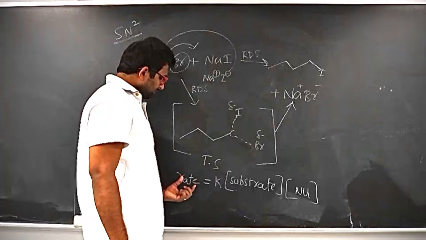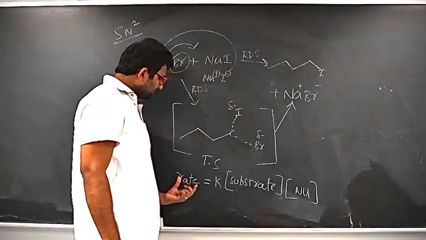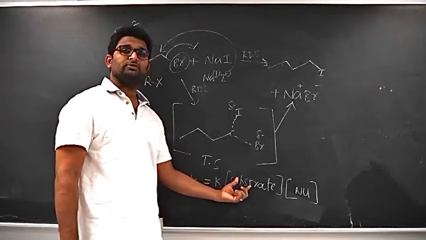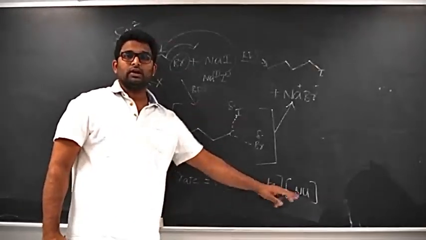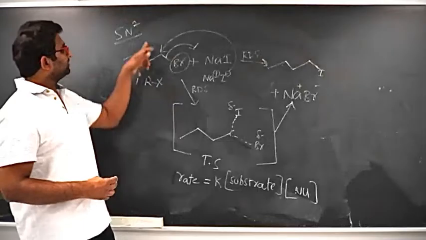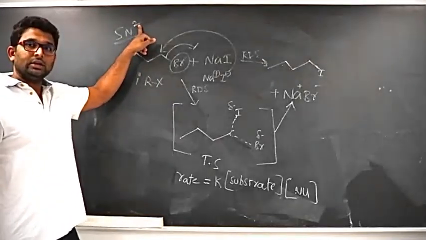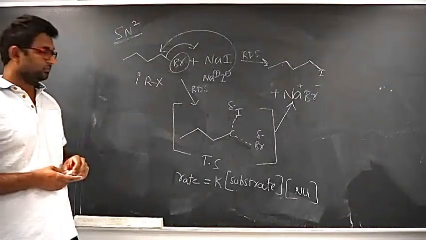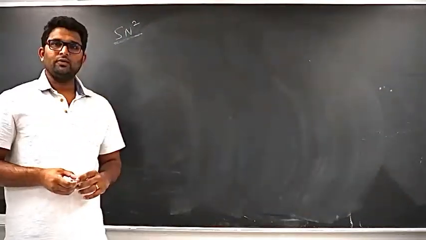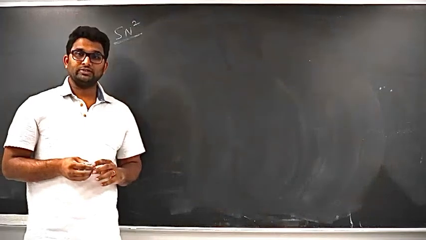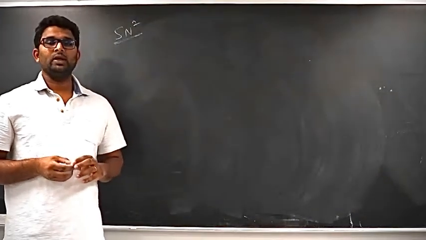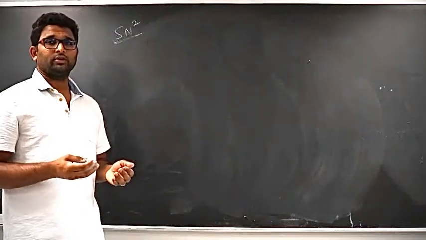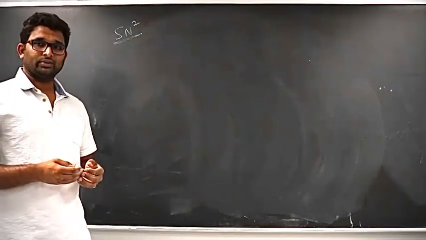Since the rate depends on both concentrations, these reactions are called bimolecular nucleophilic substitution reactions. From the mechanism, what we need to understand is stereochemistry. Let's see what happens to the stereochemistry of any organic molecule which goes through an SN2 reaction.